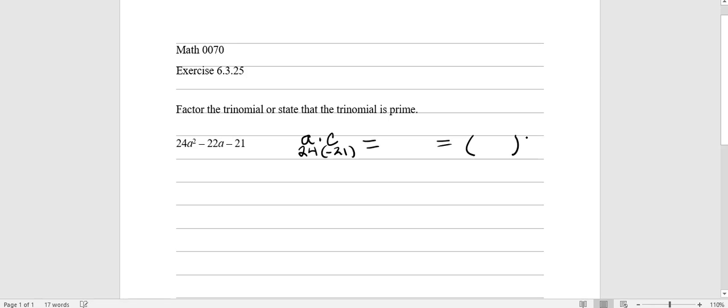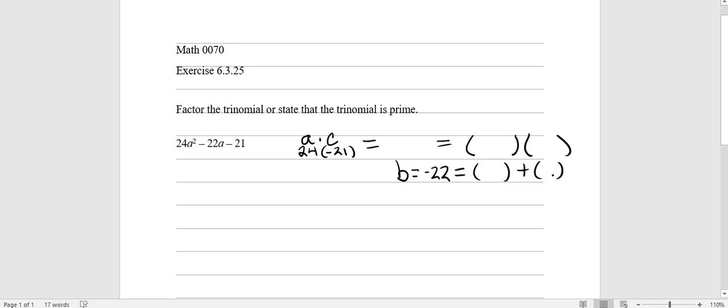I'm looking for two integers that multiply to give that, and whatever those two integers are, they have to add to give B. So B is negative 22, and those same two integers have to add to give B.